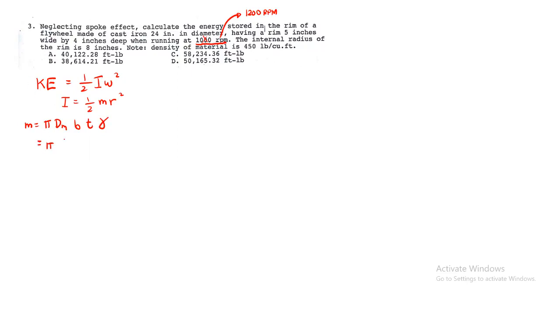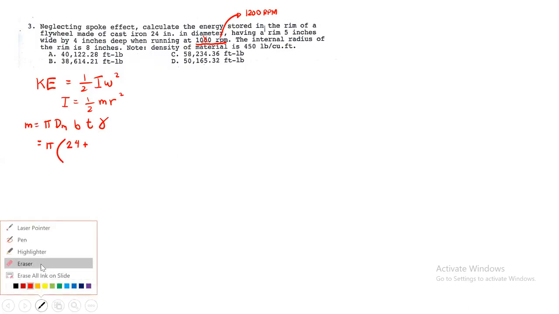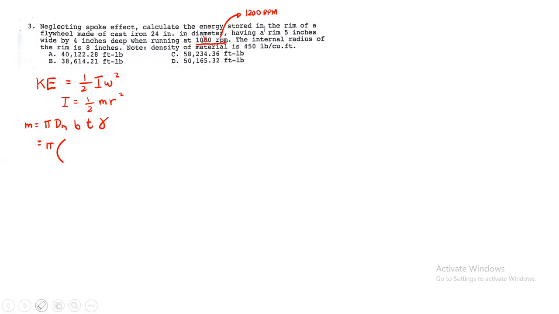So, pi times ang mean diameter natin. So, sulat natin dito. So, ang DM natin is outside diameter plus inside diameter over 2 times width times thickness times specific weight. So, ang DO natin dito guys is yung 24 inches.